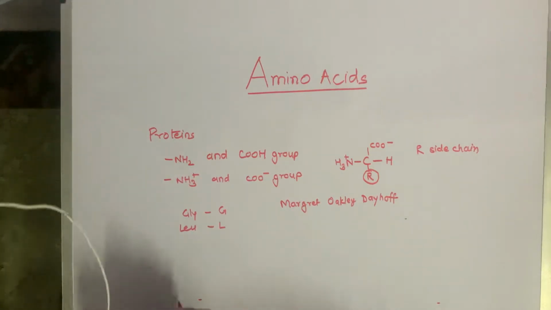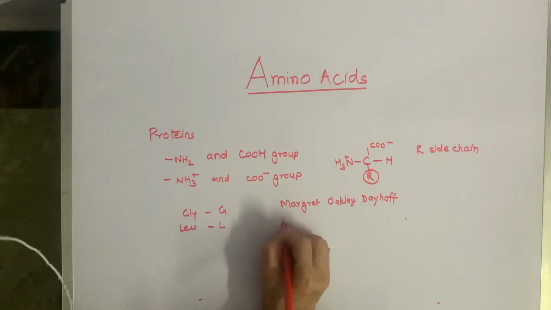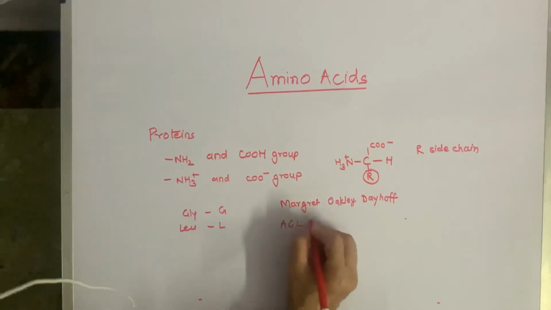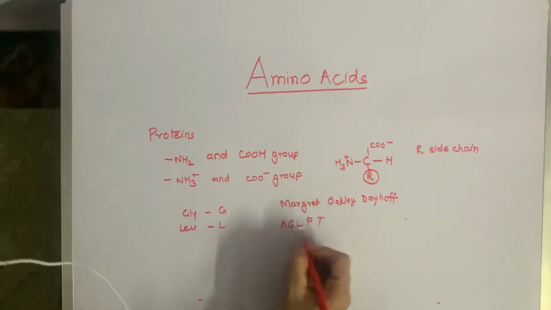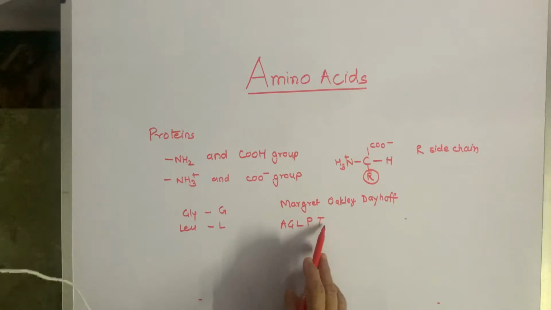How was it originated? Like A, G, L, P, T. These are the basic amino acids which are present in most common proteins. A is alanine, G is glycine, L is leucine, P is proline and T is threonine.